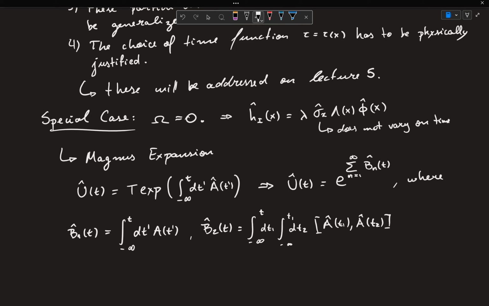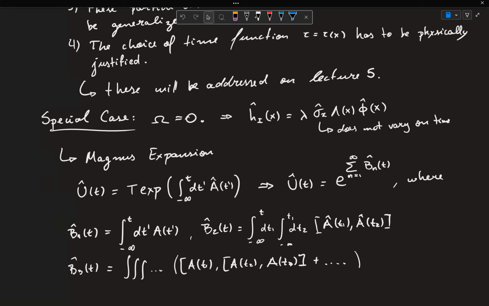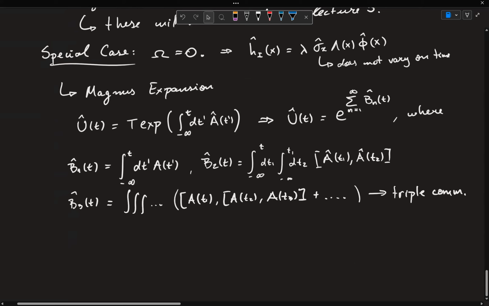B3 of t will be an integral, but then we're going to have commutator of A of t1, commutator of A of t2, commutator of A of t3, plus other triple commutators. So all of this will be triple commutators. I don't know who has seen the Magnus expansion before. It's not very common to see it in many places, but it's a super, super useful tool for us.